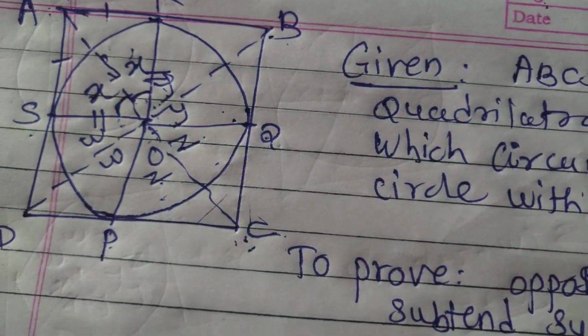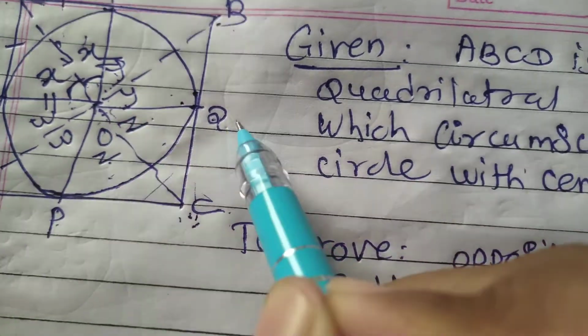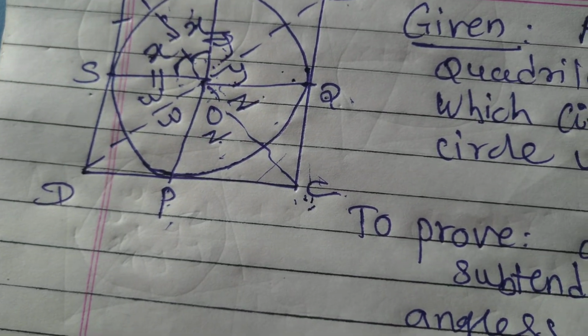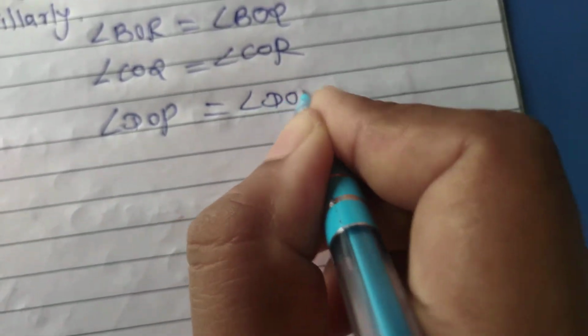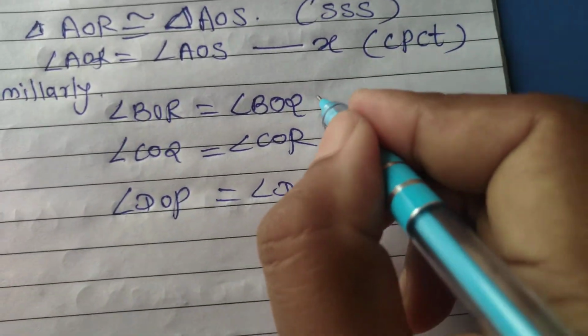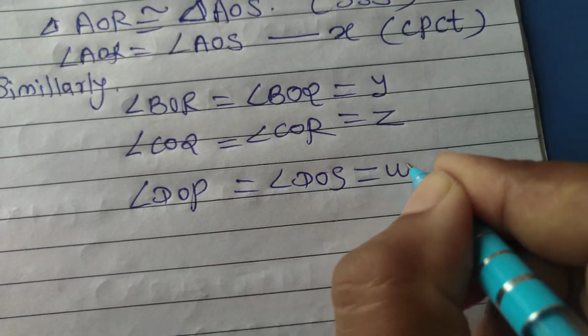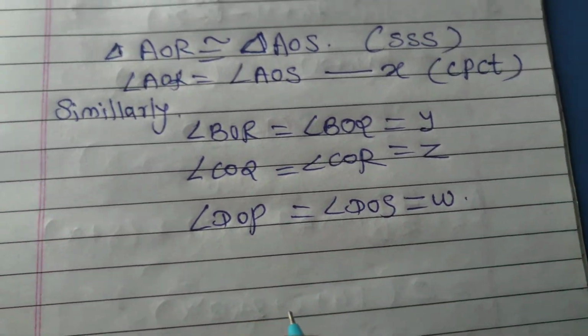Next, angle COQ and angle COP. And the last pair is DOP and DOS: angle DOP equals angle DOS. Here for the second pair we consider the measure y, third z, and the last pair is w. All these angles are there.